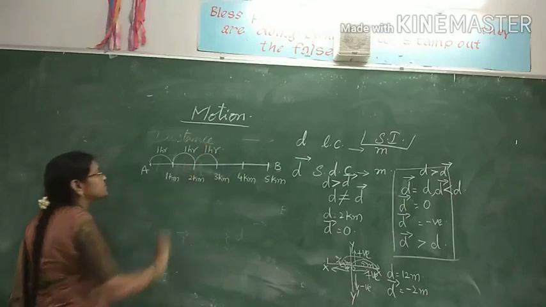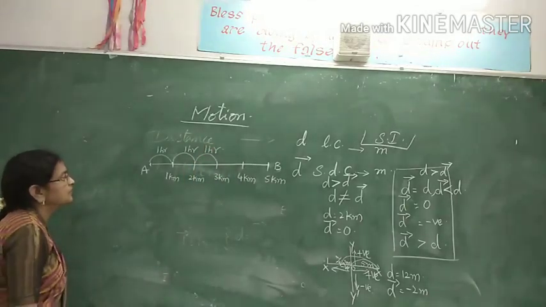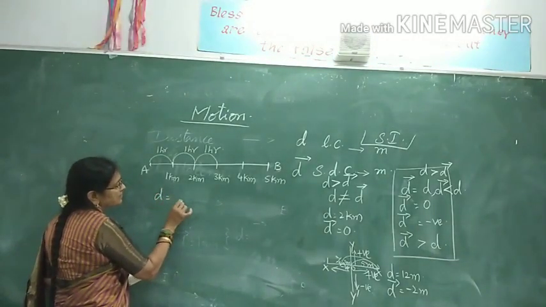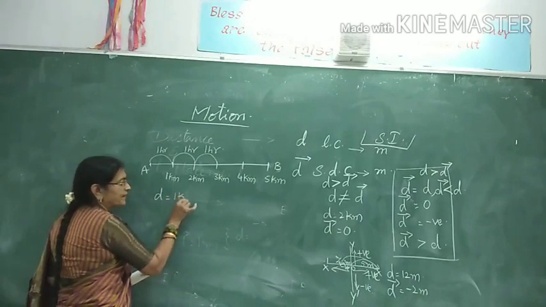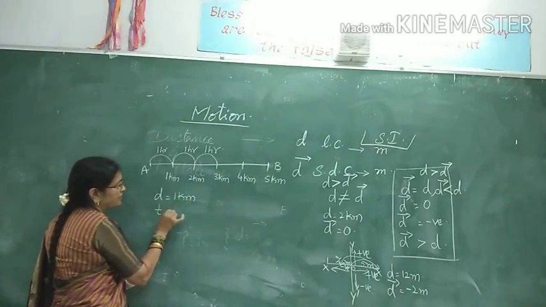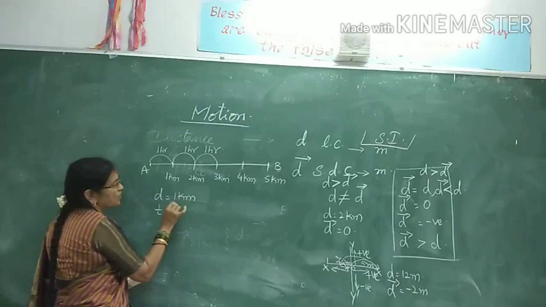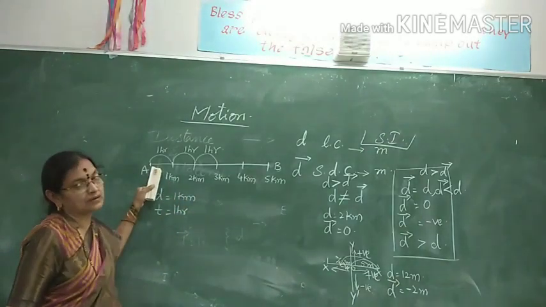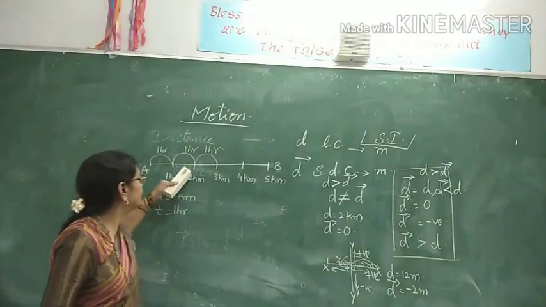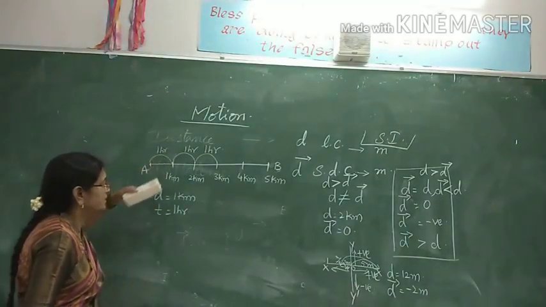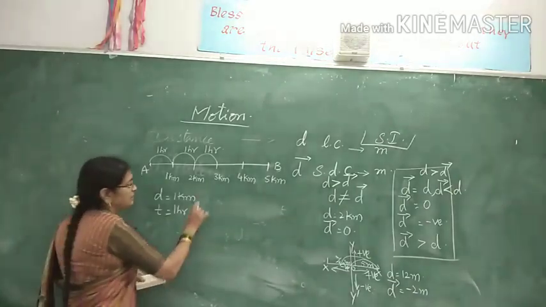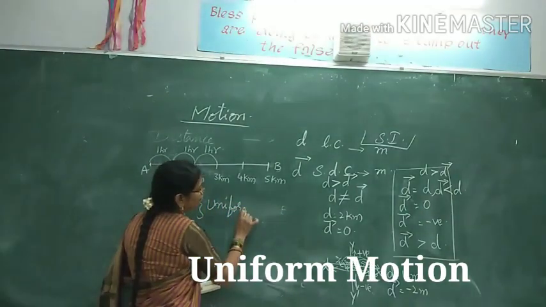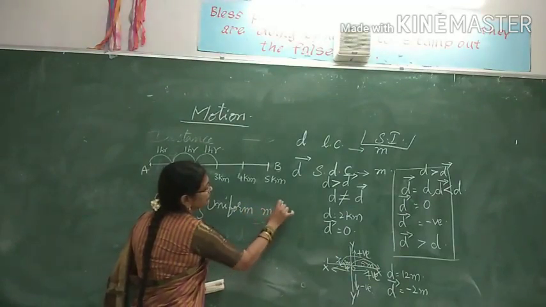So what can you observe from this linear graph? The distance covered is 1 kilometer and the time taken for covering this 1 kilometer is 1 hour. So if equal lengths are covered by a moving object in equal intervals of time, that is called uniform motion.